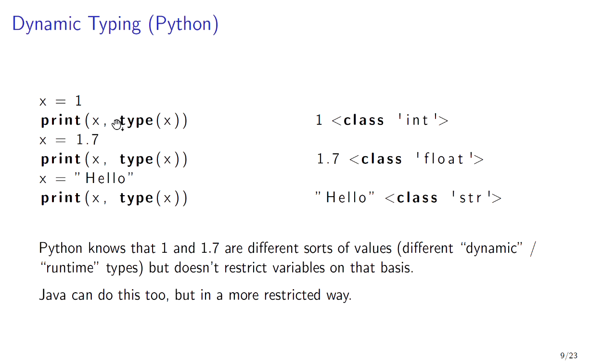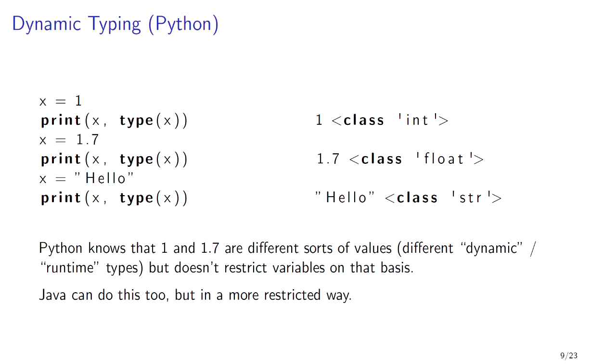And then when I say x equals 1.7, the type is now a float. And when I say x equals the string hello, then the type is a string. So Python is happy to let you put different values of different types into a variable. It doesn't restrict it to a specific type. And that's one of the reasons why we call it a dynamically typed language.